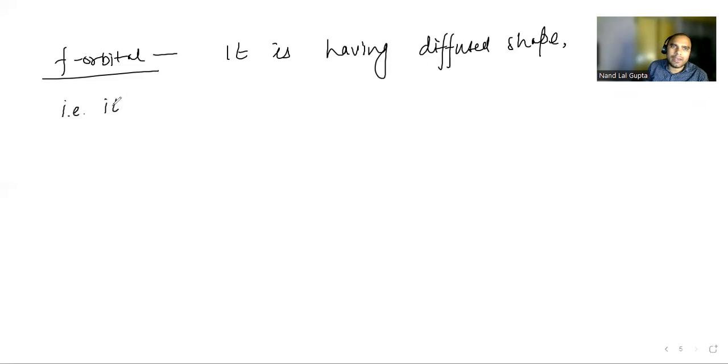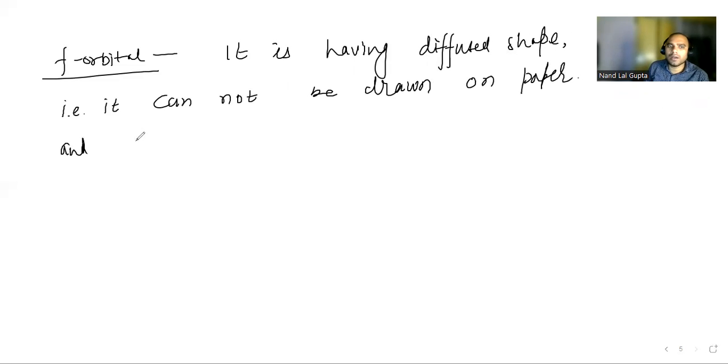It cannot be drawn on paper. You can't draw it on paper.